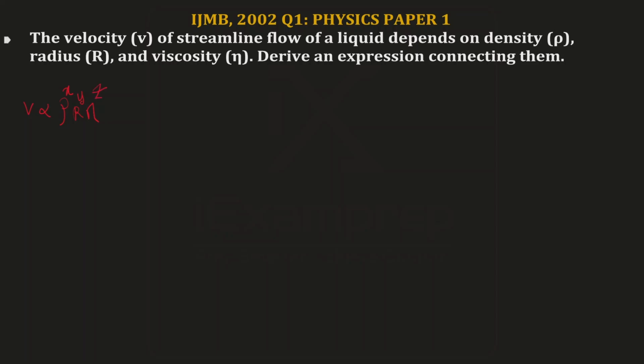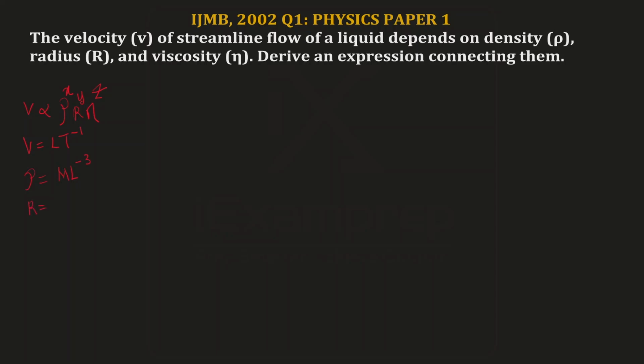Derive an expression connecting them. So we are to derive an expression connecting them. How do we do that? We are going to use dimensional analysis for that. So let's write the dimension of each of the parameters. The dimension for velocity is LT^-1. Dimension of density is ML^-3, that is mass over volume.